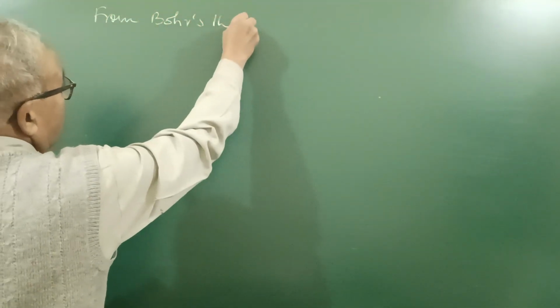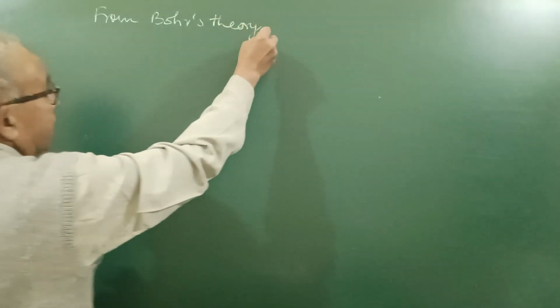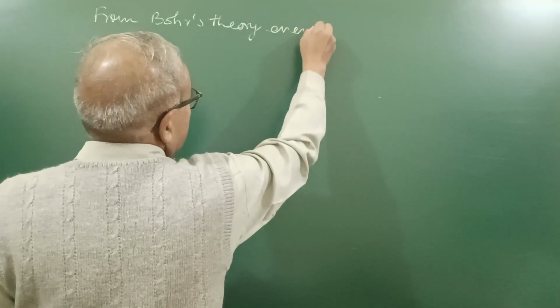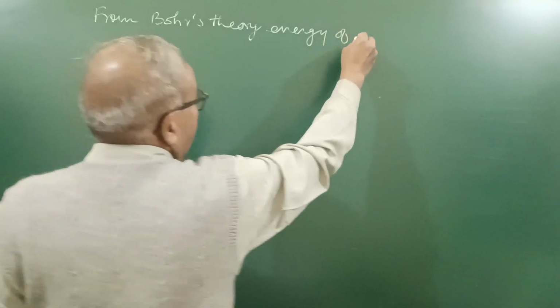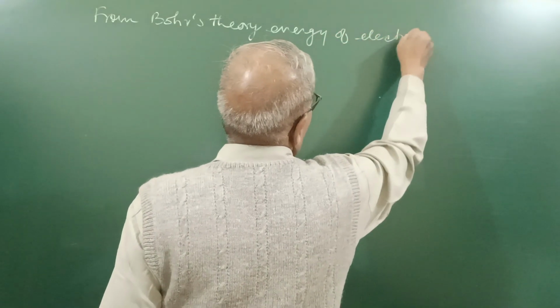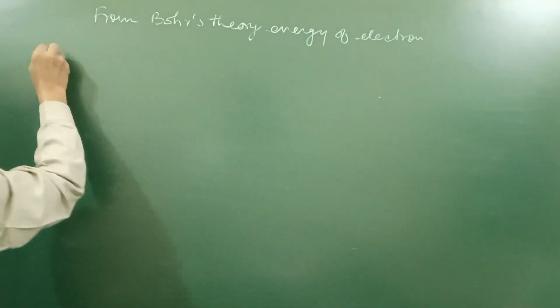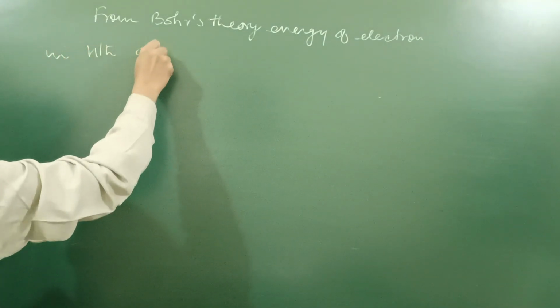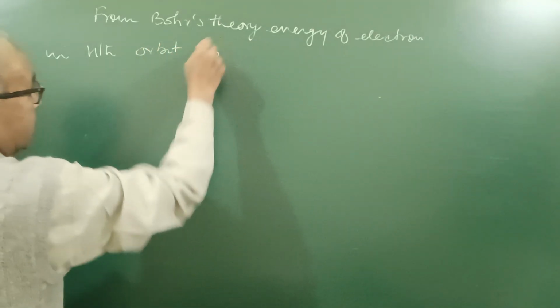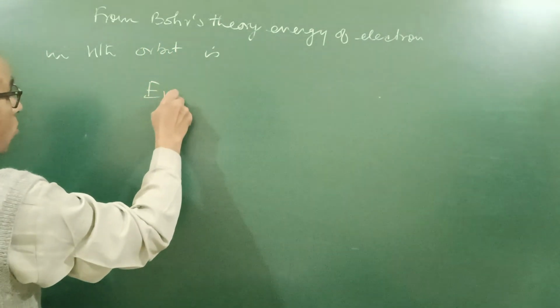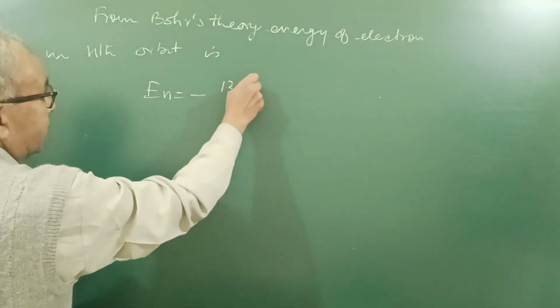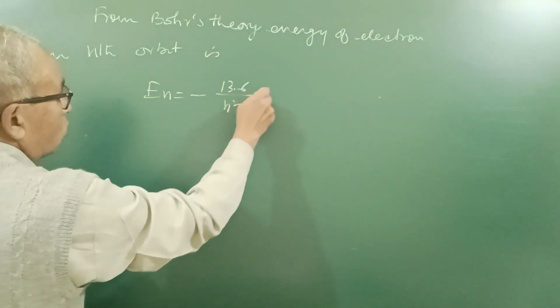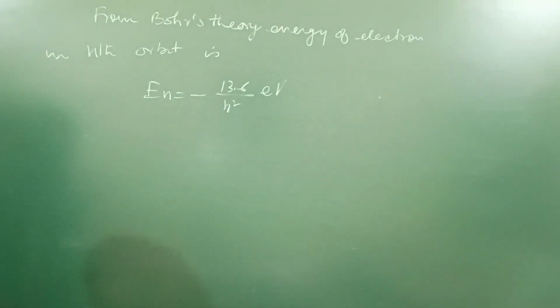From Bohr's theory, the energy of the electron in the nth orbit is En equal to minus 13.6 upon n square electron volt, with Z equal to 1.